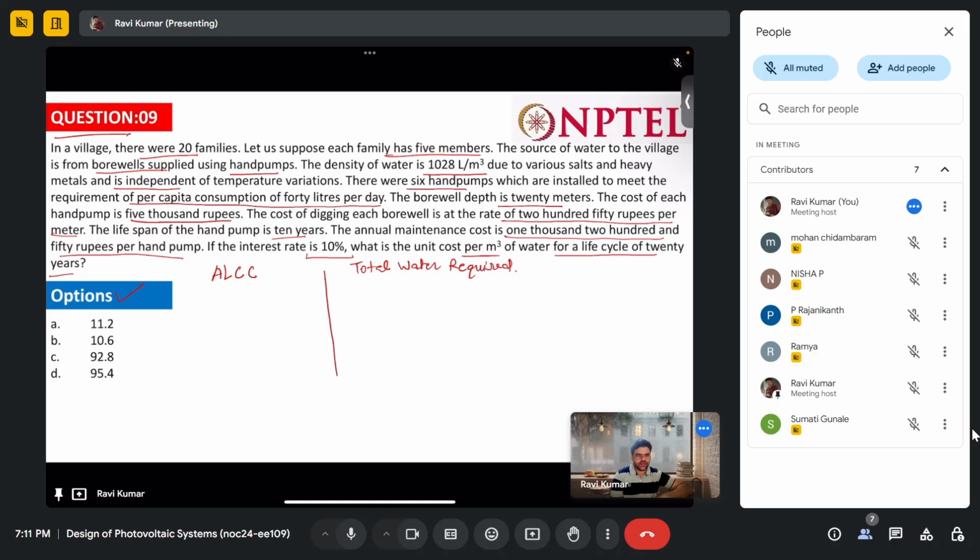So we will be requiring more space. So let me add a slide here. Okay, first we will write each and everything which are given. So let's calculate this total water requirement first. How many families?